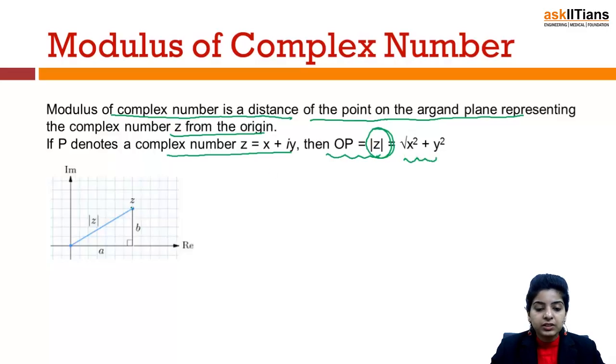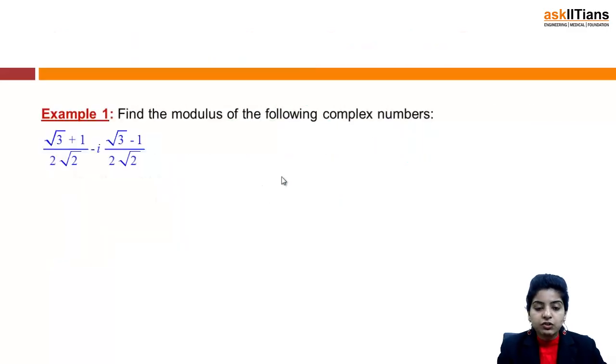If you have a complex number z, this is mod z. As we have seen, mod z is equal to under root of x square plus y square. Just remember this is often used in questions. So this is simple modulus. Now we have a question based on modulus. Find the modulus of the following complex numbers. And the complex number given to us is this.